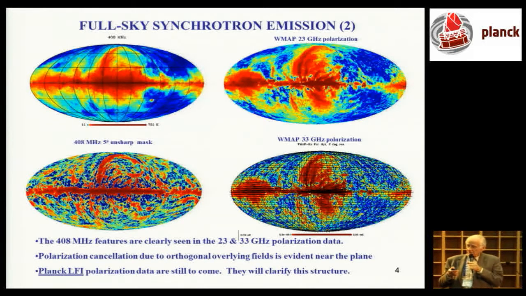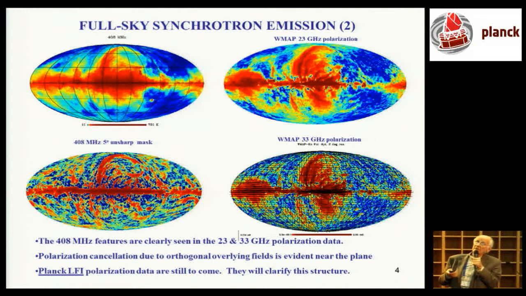Now, the synchrotron story has moved ahead with the polarization results that have come from WMAP. And if you then go back to our old 408 map and compare with what's happening with the polarization, you'll find that the polarization features, although not very obvious in the total emission at 23 gigahertz, show these same filamentary structures as you can dig in and see here.